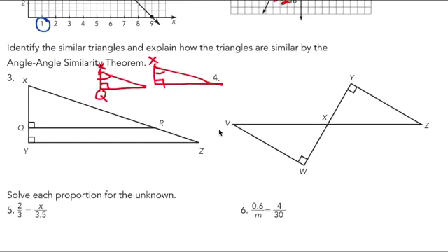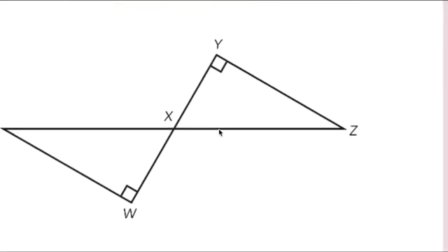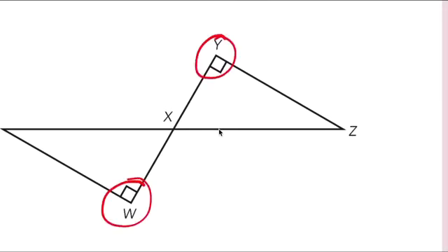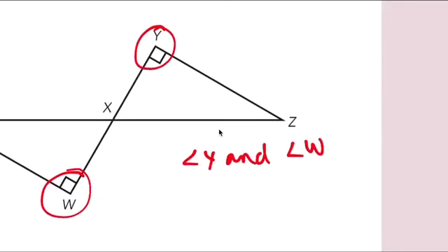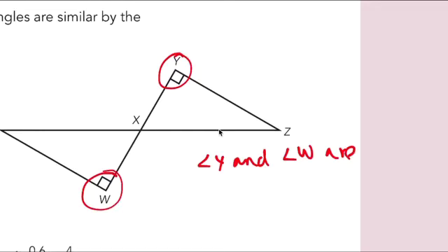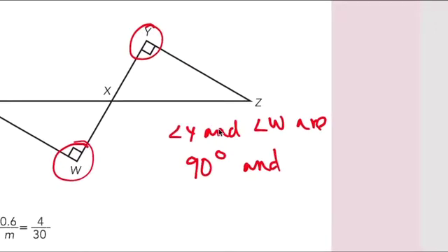Because it says to explain, you need to write it out. Angle X is shared, and they have 90 degrees. Okay. Well, here's the same thing. You got 90 degrees for angle Y, angle W are 90 degrees, and vertex X is shared.